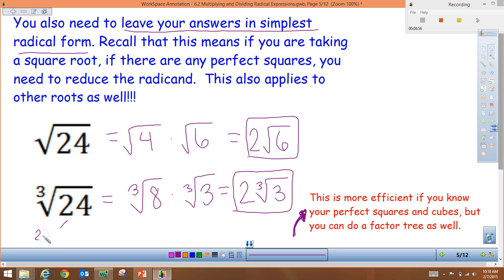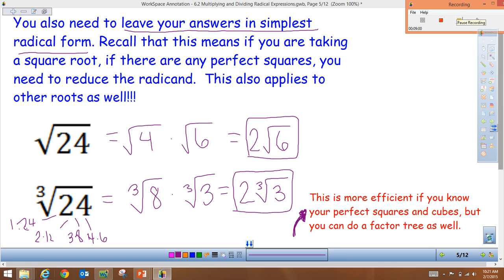I went ahead and wrote all of the factors of 24: 1 times 24, 2 times 12, 3 times 8, and 4 times 6. Now that we know all the factors of 24, we can look. Are any of these perfect cubes? Yes, we know that 8 is a perfect cube. So that's the method you can use if you don't have them memorized.